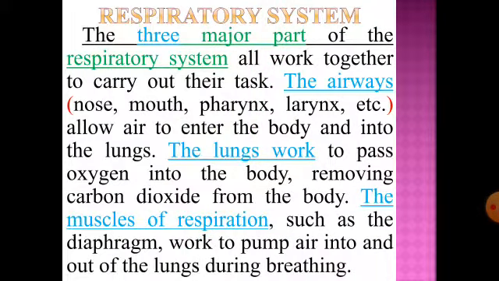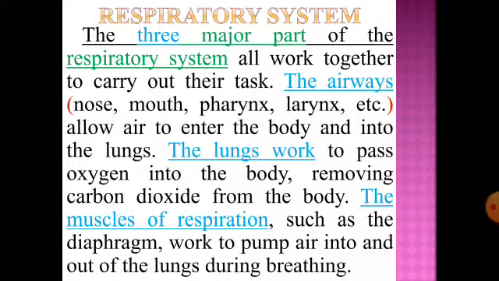Respiratory system. The three major parts of the respiratory system all work together to carry out their task. The airways, nose, mouth, pharynx, larynx, etc., allow air to enter the body and into the lungs.